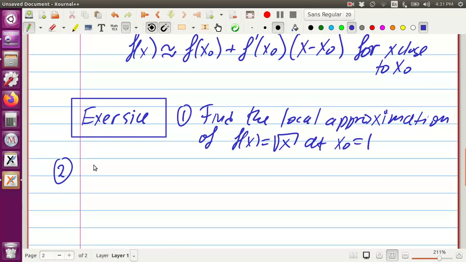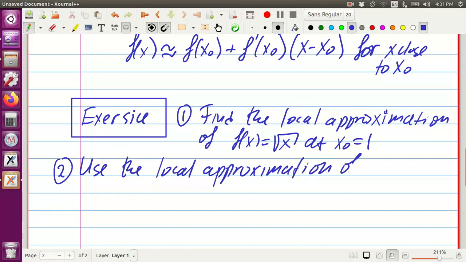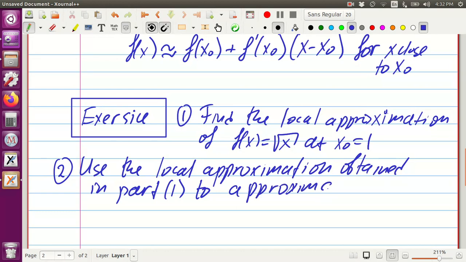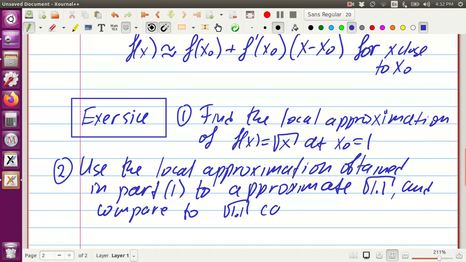And part 2 of the exercise wants us to use the local approximation obtained in part 1 to approximate the square root of 1.1, and then compare it to the value calculated on the calculator.